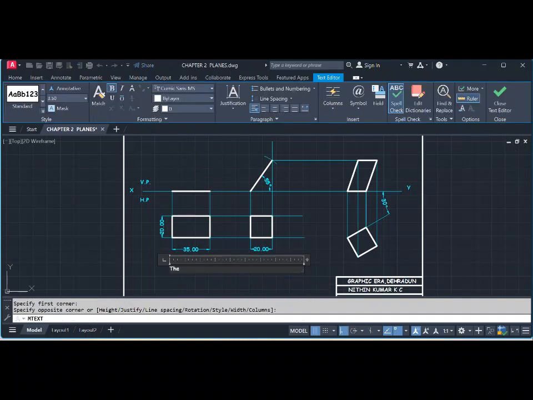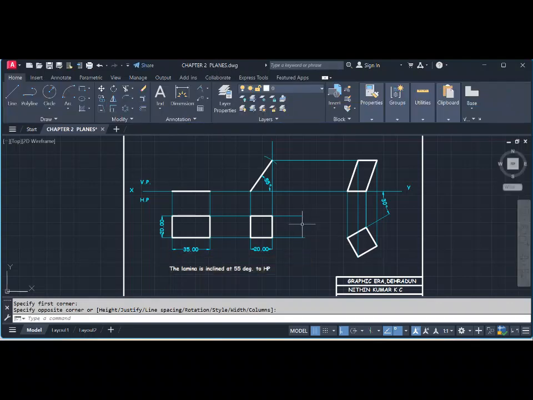What you require to type: the lamina is inclined at 55 degrees to HP. Then only you are going to get the full marks, or else you will never get the full marks. So you should not forget the question. You have to read the question twice to get the solution precisely.